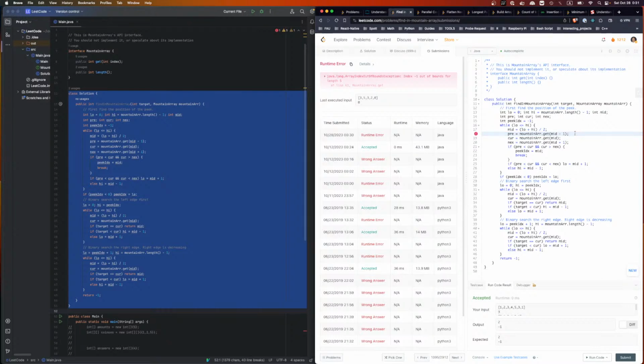So, I need to do something. Mid. Why would this happen? I thought it would never happen. 0, 1, 2, 3, 4. So there's 2, 0, 1, 2, right? And this is on the right hand side. So I say high equals mid minus 1. So high is here.